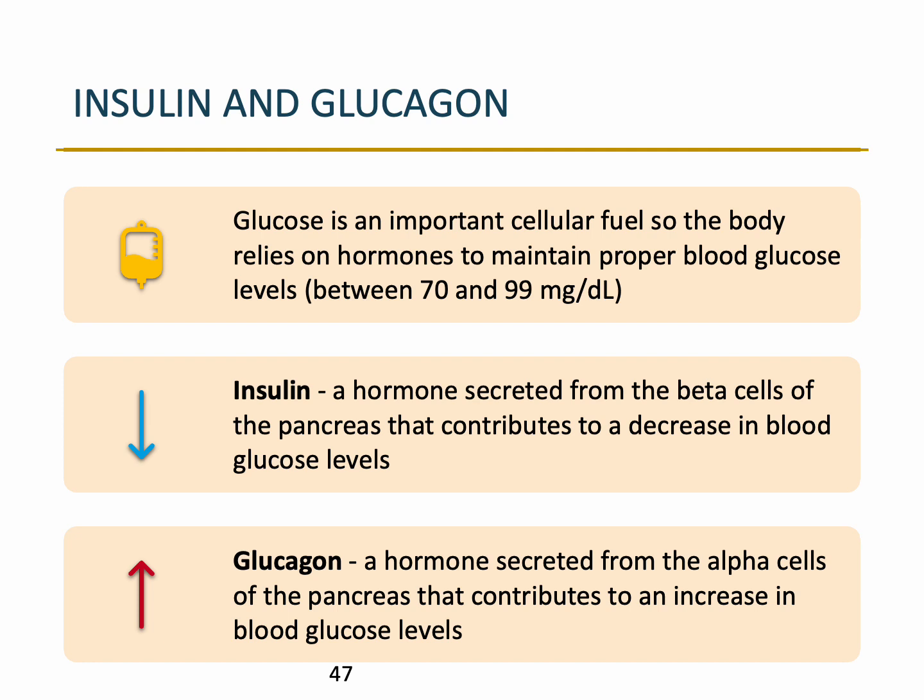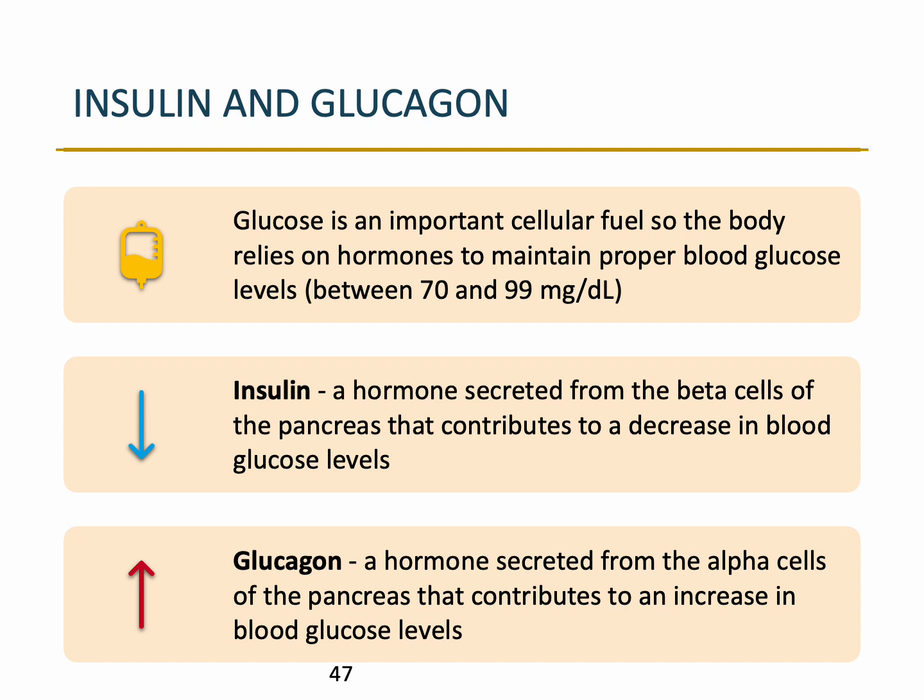When blood sugar is high, the body releases insulin. That's released from the beta cells of the pancreas, and that contributes to a decrease in blood glucose levels. The insulin is pulling the glucose out of our blood and putting it into the cells of our body.